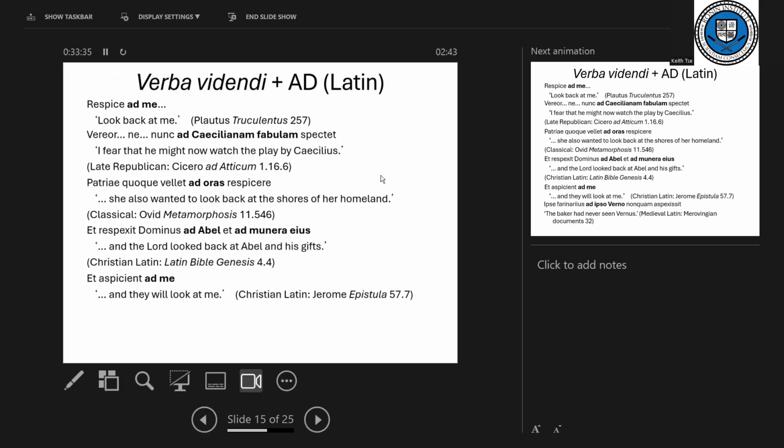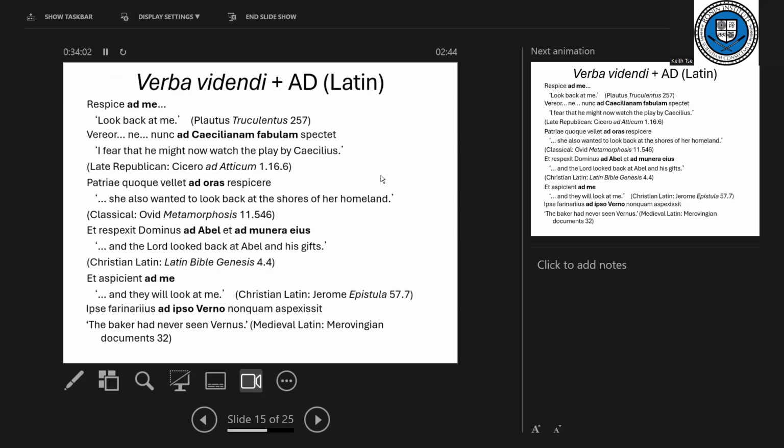The Christian era also has numerous examples. For example, the Latin Bible, Genesis 4:4, "Respexit ad Abel et ad munera eius." The Lord looks back at Abel, a person, a name, and his gifts. In Jerome, another example shows that verbs of vision can take ad with the object.